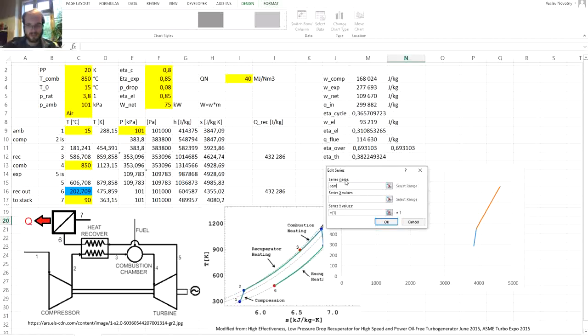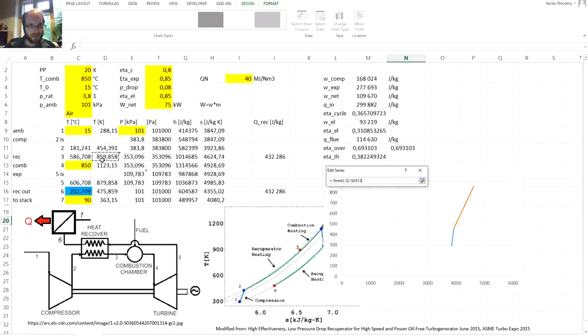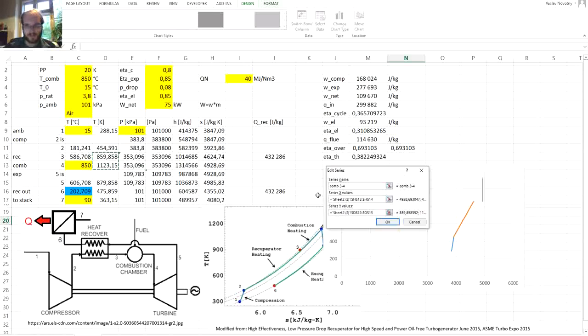Next one will be combustion 3 to 4. So entropy 3 to 4, temperatures 3 to 4, and I put there the entropy wrongly, 3 to 4.